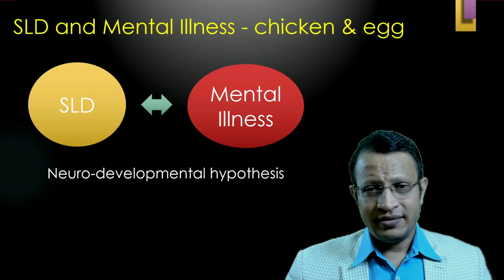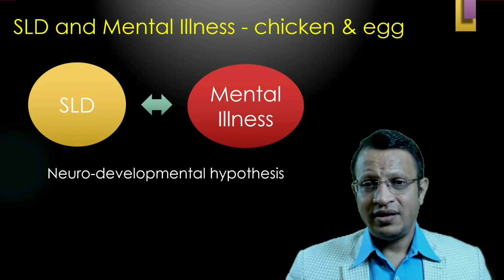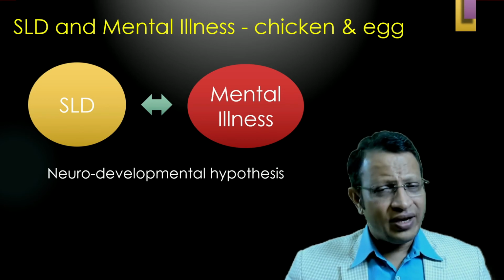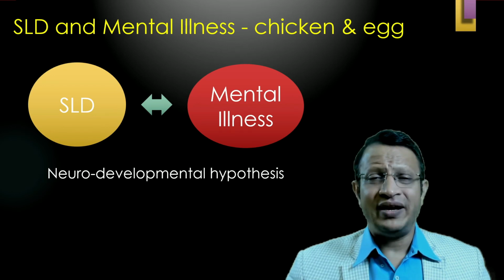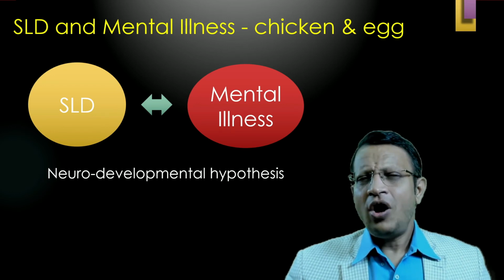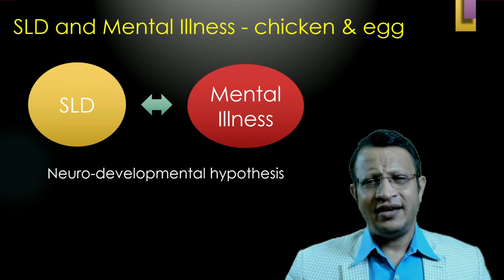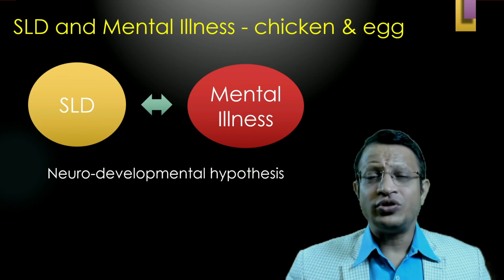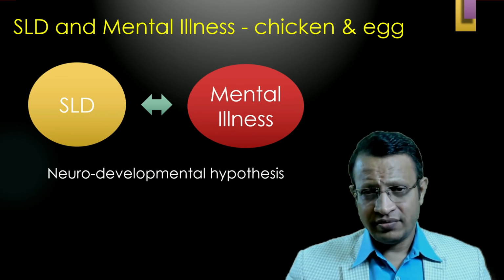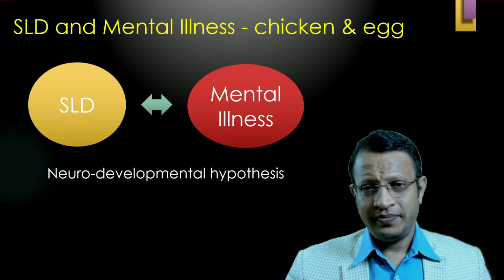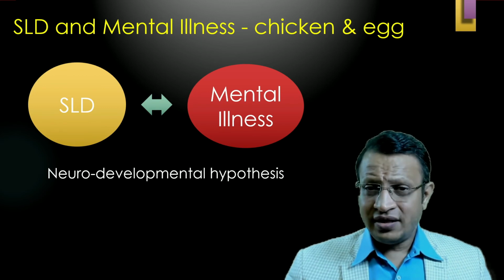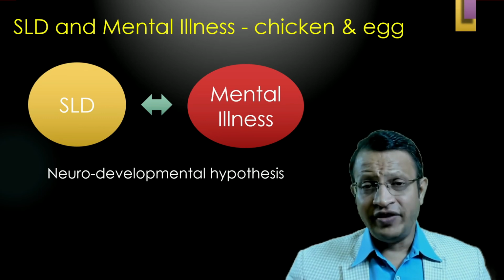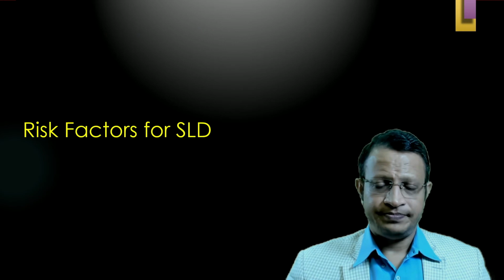They said that neurodevelopmental disorder, either SLD as a phenotype leads to mental illness in future, or else the child is going to develop mental illness, hence he has SLD, or else the child has SLD, hence he is prone to develop mental illness. And they gave a hypothesis, and it also has a very important implication. If a child has an SLD, should we intervene? By this intervention, can we prevent mental illness in future? That is the question they have raised, and we need to answer in future studies.